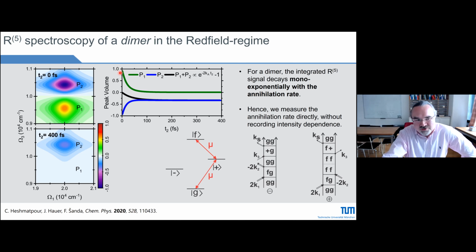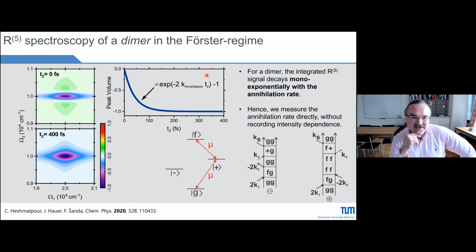This one will have contributions from both the doubly excited manifold and the singly excited manifold. Same is true for P2. However, when you sum them up, you get something that decays mono-exponentially. And this is the simple function it decays with. So yes, the annihilation rate is the decay constant. So this is good news.